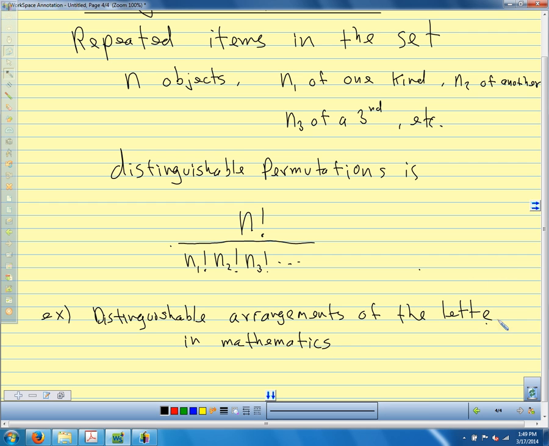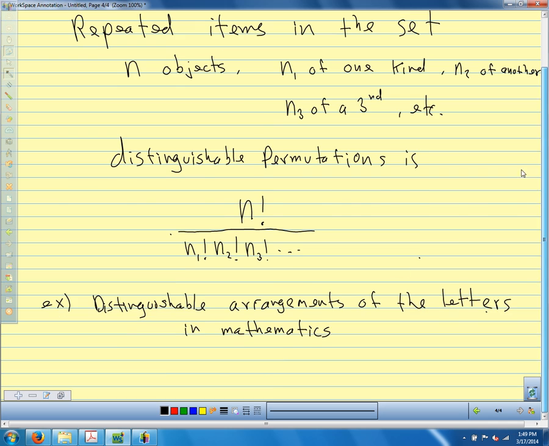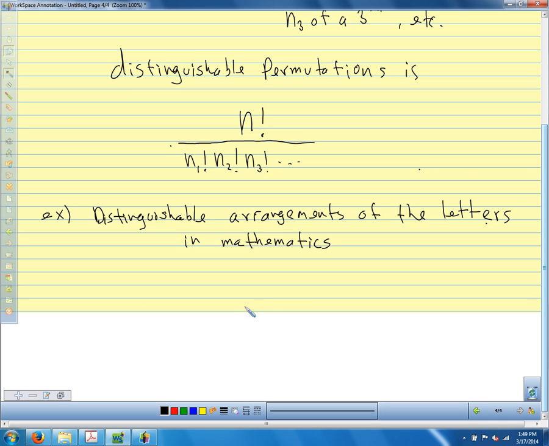So I look at this and I say we have a total of 11 letters. So n equals 11, but I have two m's, I have two a's, and I have two t's. So I can't distinguish between those two a's and those two m's and those two t's. So that's why I end up having to divide by these extra terms here.